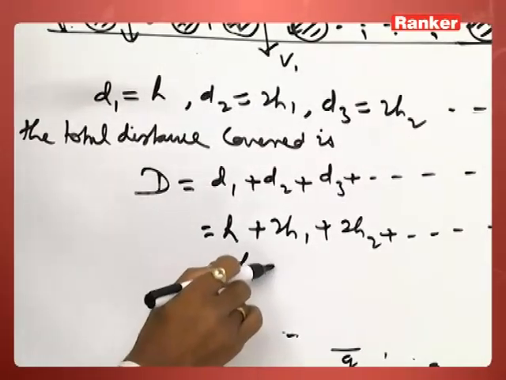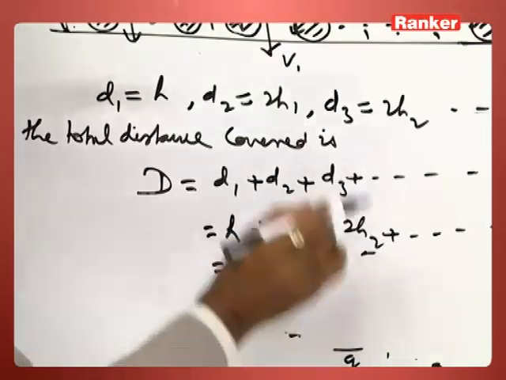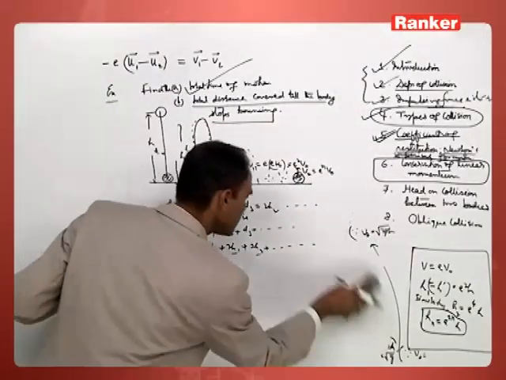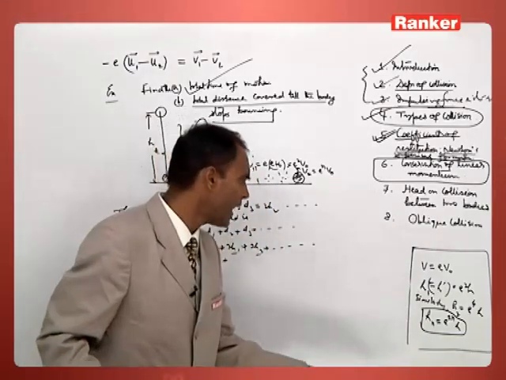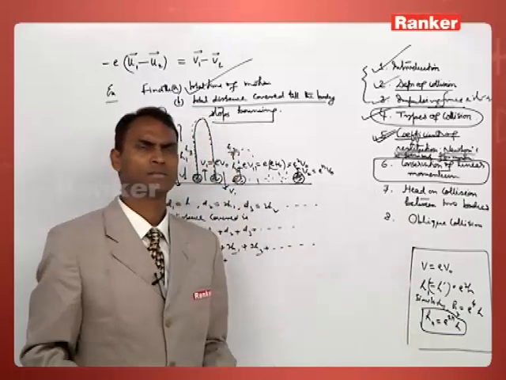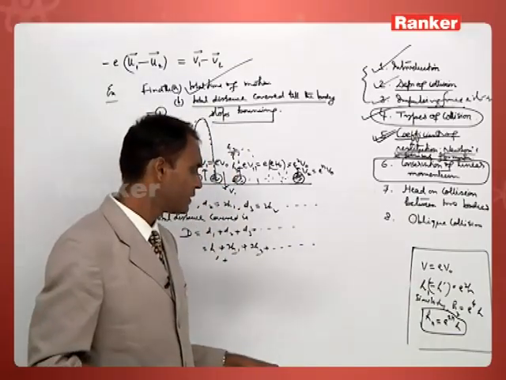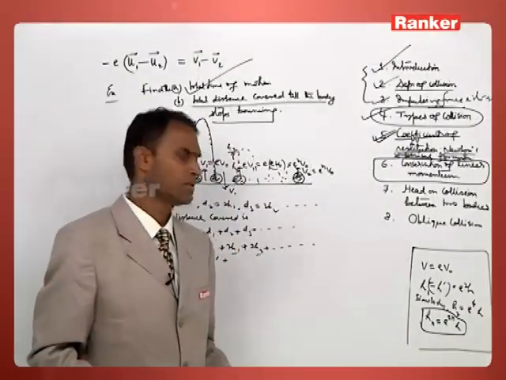But we do not know h1, we do not know h2. But I explained in the last example that the height attained by the particle after n collisions is equal to e to the power 2n into h.